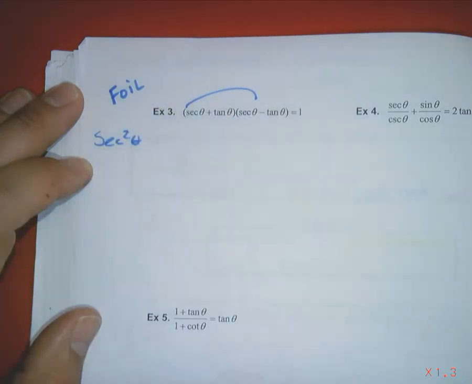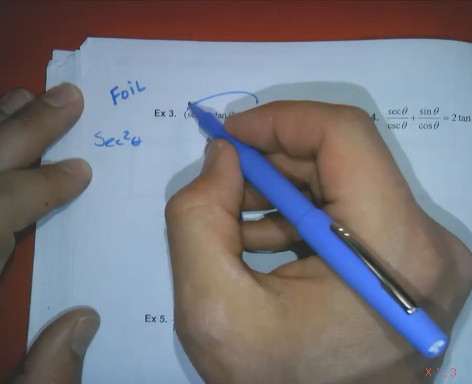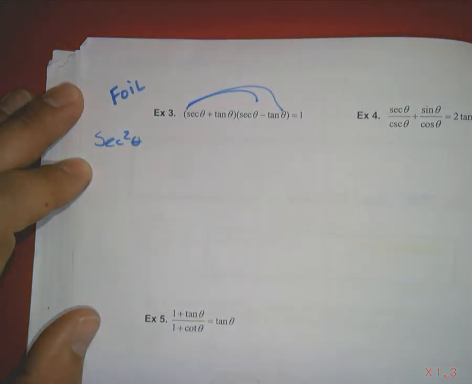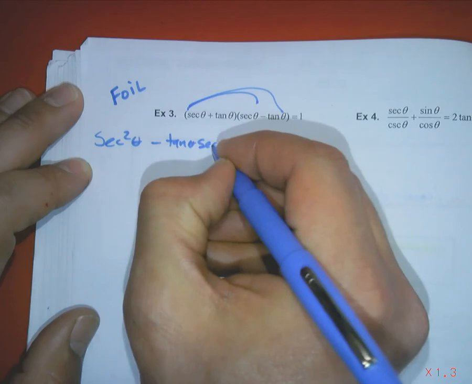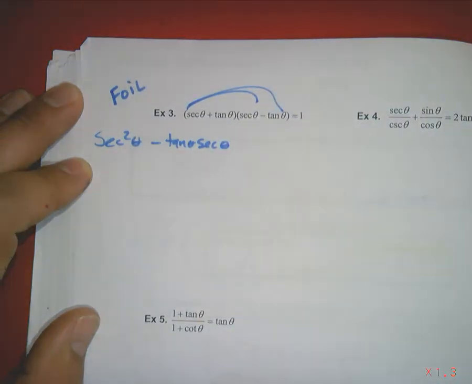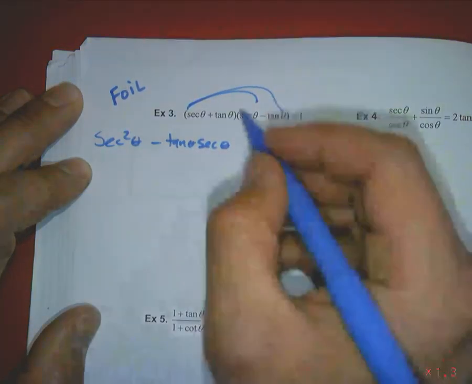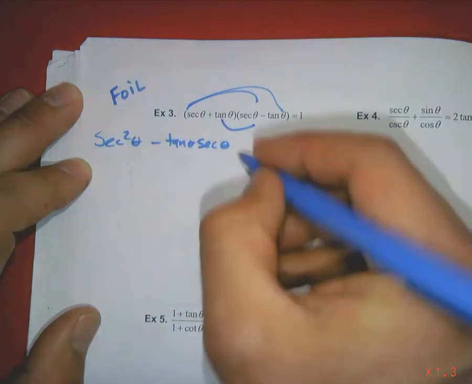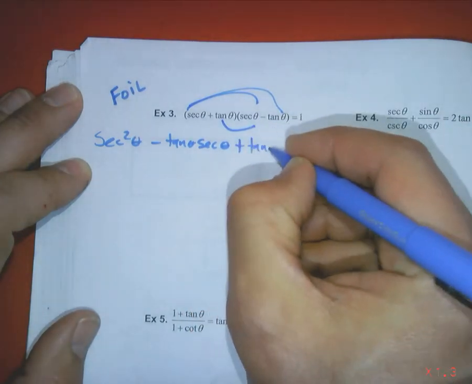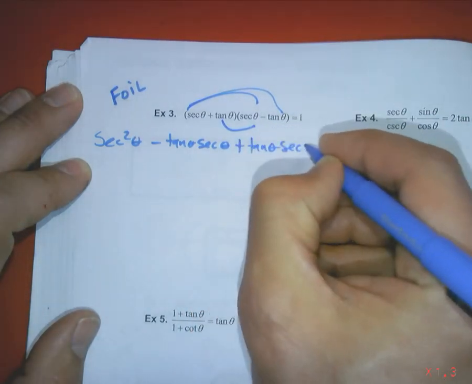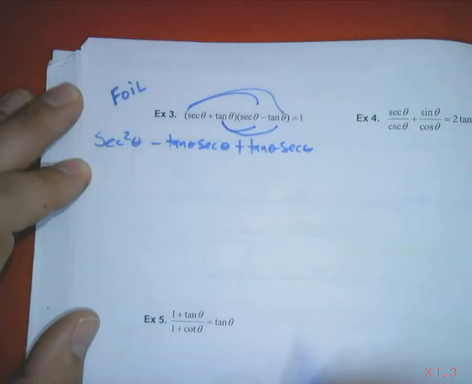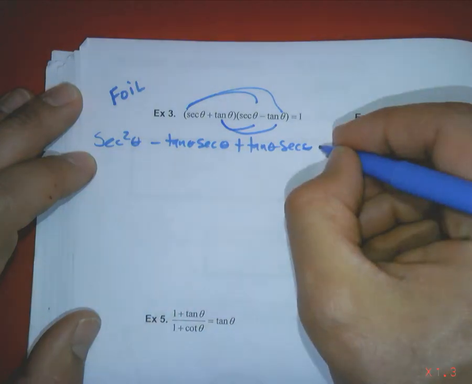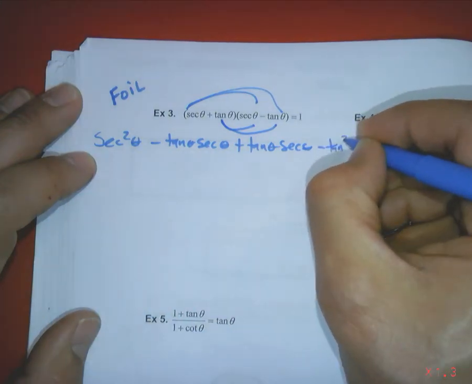That's secant squared. I've got secant times negative tangent, so I'm going to write that as negative tangent secant. And now I've got positive tangent times secant. So that's positive tangent secant. And then last but not least, I got tangent times negative tangent. That gives me negative tangent squared.